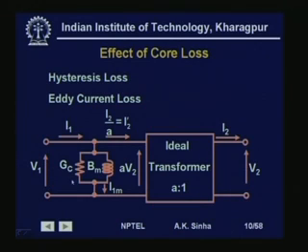Now, why have we put this as a parallel branch? The reason behind this is very simple. As soon as we excite the transformer, there is going to be a current which will flow through the transformer to set up the flux, and as soon as this time varying flux is set up in the core, we are going to have hysteresis and eddy current loss in the core, and this is not dependent on the load.